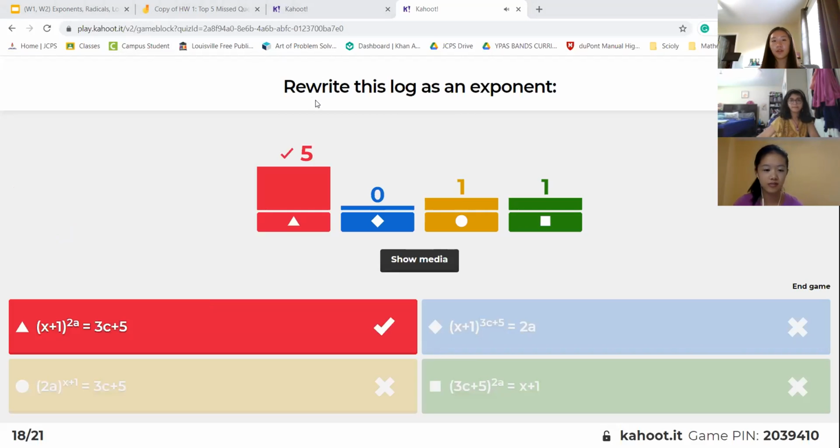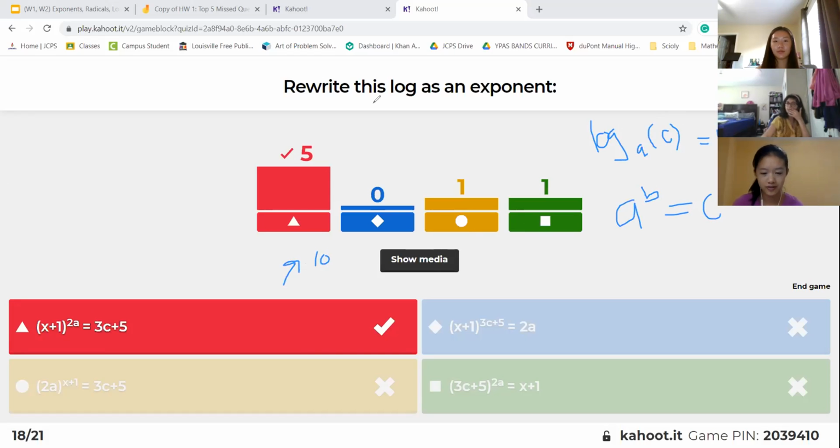Great. So most of you got this one right. So remember that I can rewrite log base A of C equals B as A to the B equals C. So using that same thing, you can click show media and it'll show.